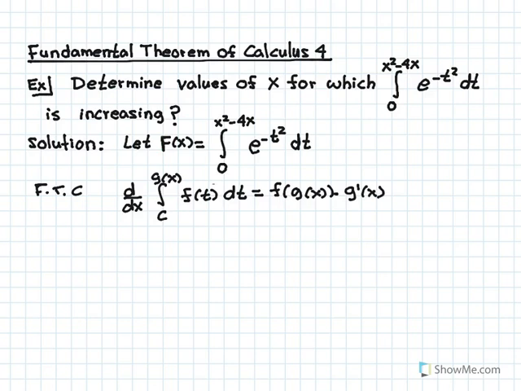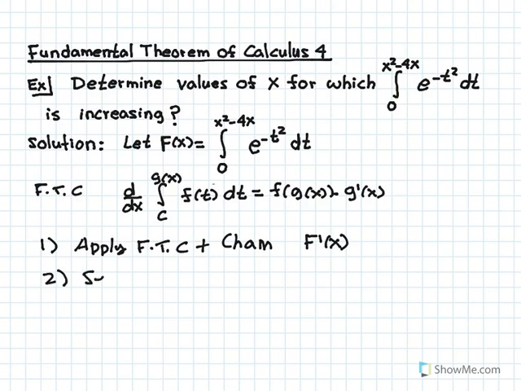So the strategy will be, number one, apply FTC plus chain rule to find F prime of x. Step 2, set F prime of x equal to 0 to find critical points. That's going back to Calculus 1, differential calculus, to find critical points.